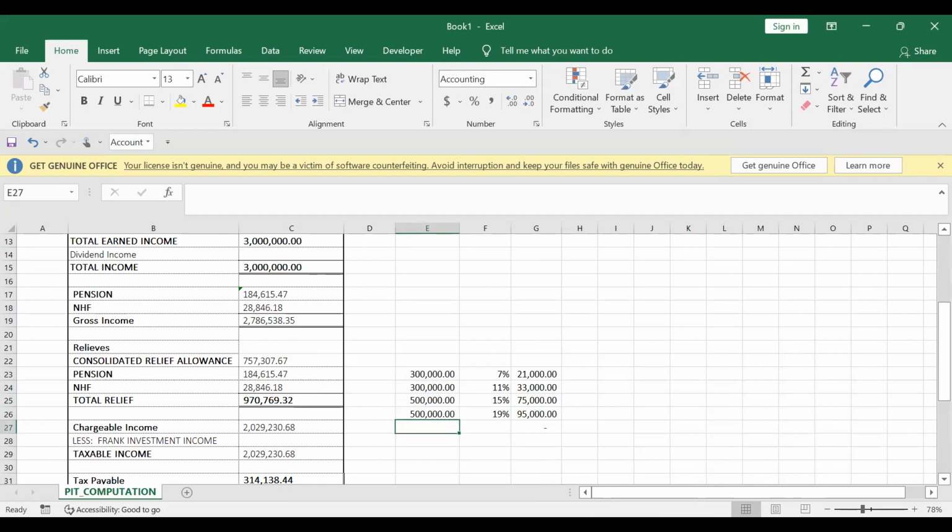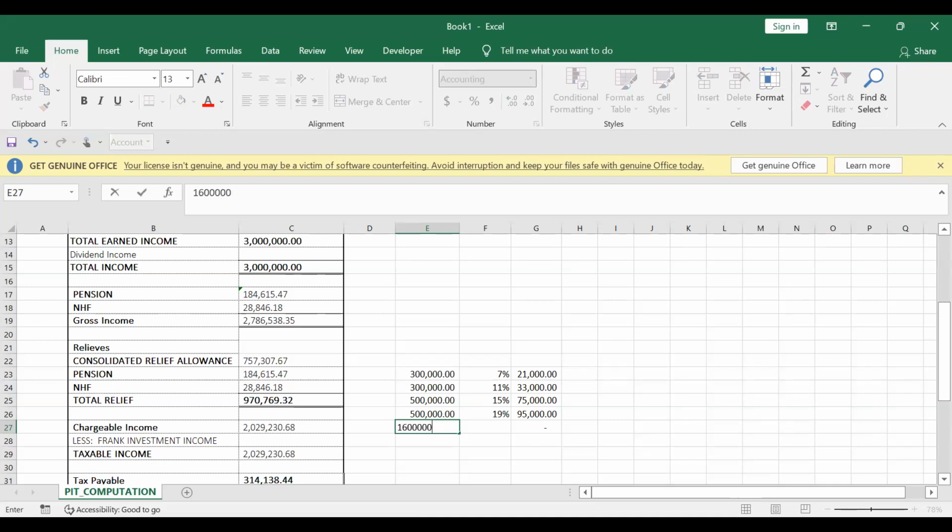What is the next rate? 21%. Okay, what is the next base? After 300, 300, 500, 500, it should be next what? 1.6. But you note something.